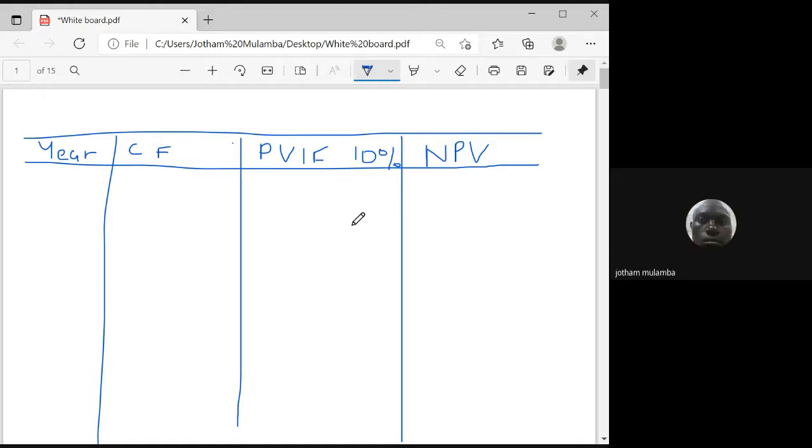Yes, for IRR, we take a percentage randomly. So if it is not working, what happens? You try another one. So we will try until we get a percentage that gives us an NPV of zero or closer to zero. Is that in order?